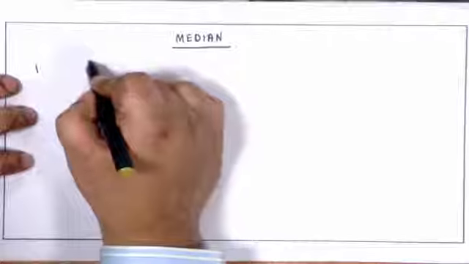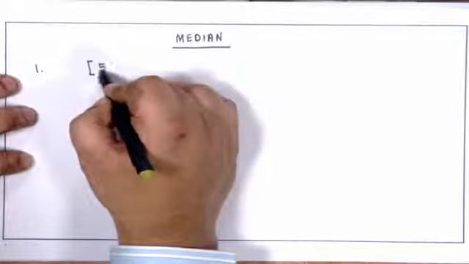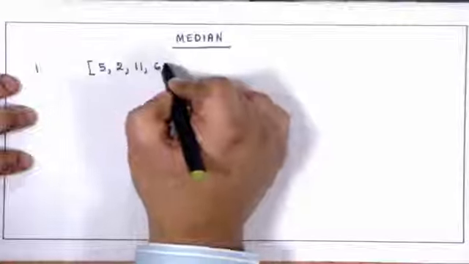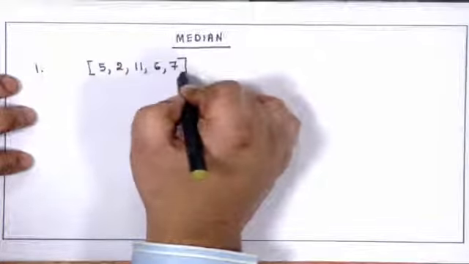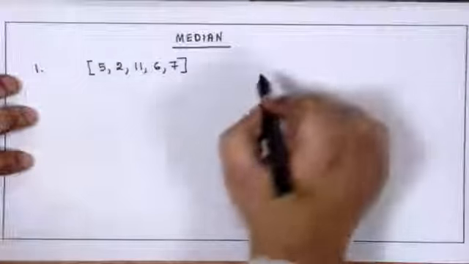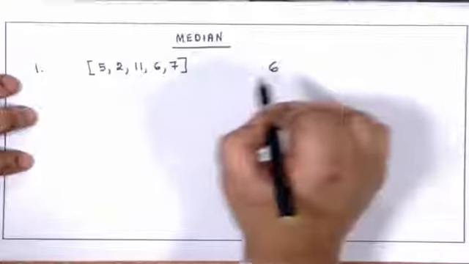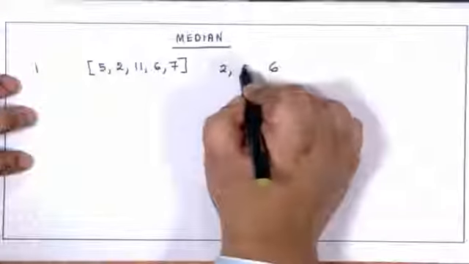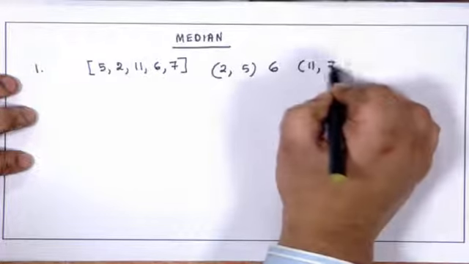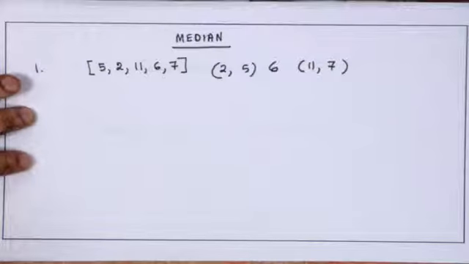Suppose in an example our set of elements is 5, 2, 11, 6, 7. Then here we can clearly see that 6 is the median, because 2 and 5 are less than 6 and 11 and 7 are greater than 6.